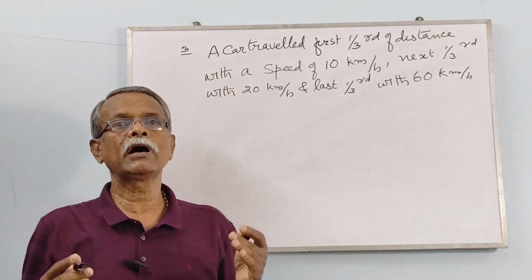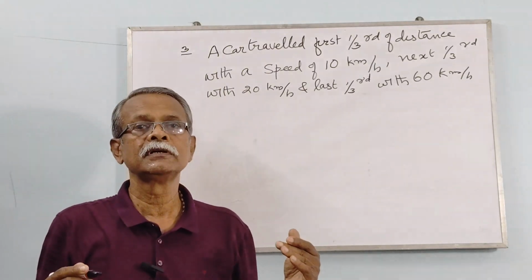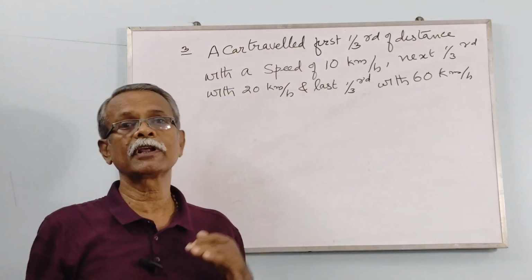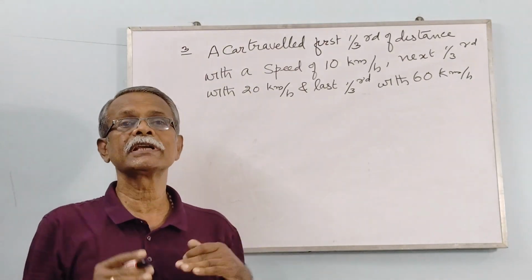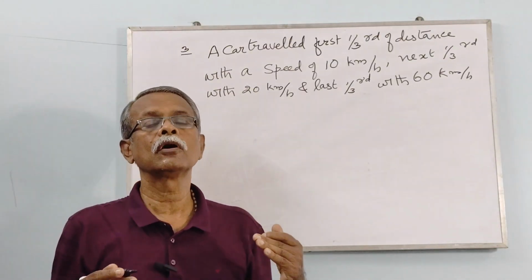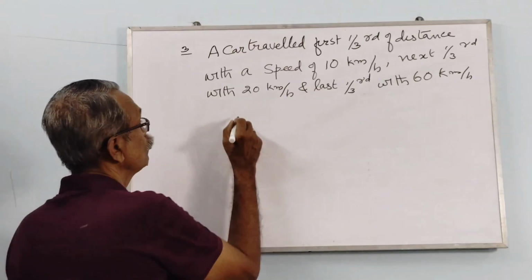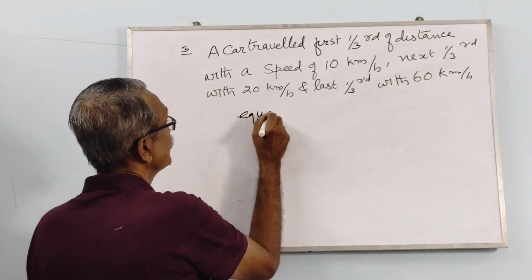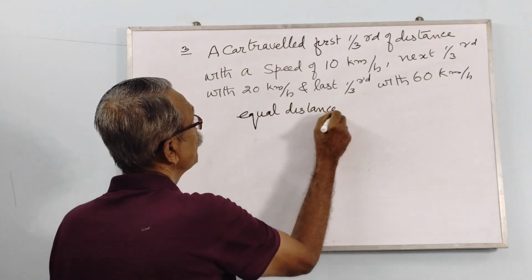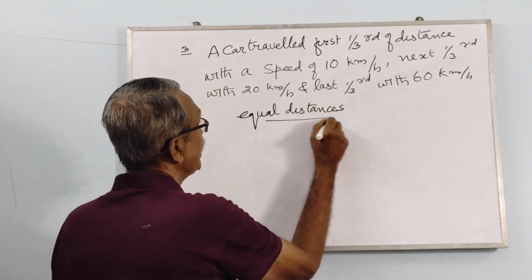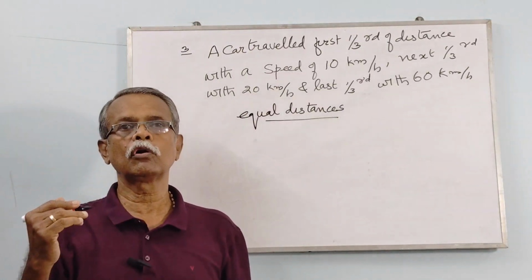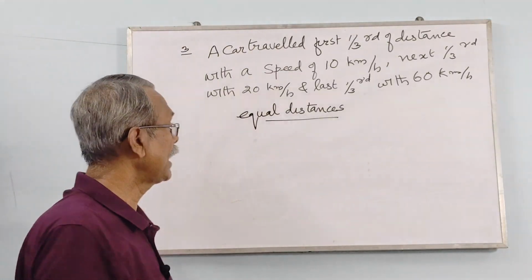That is, when you have equal distances, the average velocity here will be same as the average speed because it is not changing direction. It will be the harmonic mean of velocities. So this is equal distances. Equal distances means we take the harmonic mean, n divided by 1 over v1 plus 1 over v2 plus etc. 1 over vn. Here n is equal to 3.